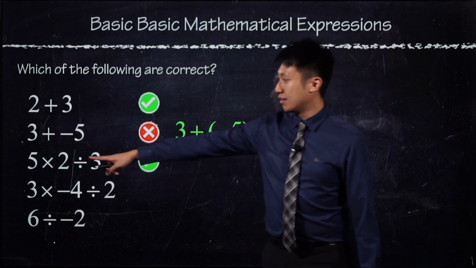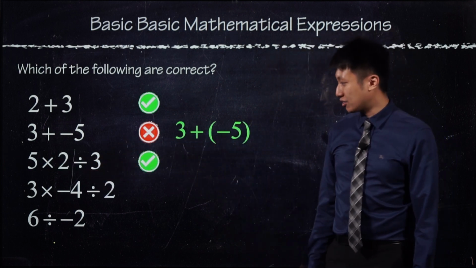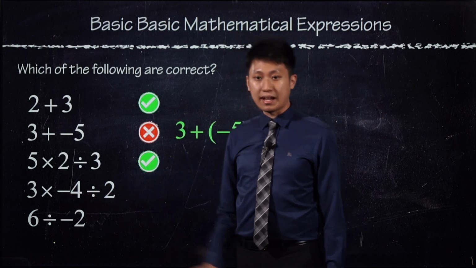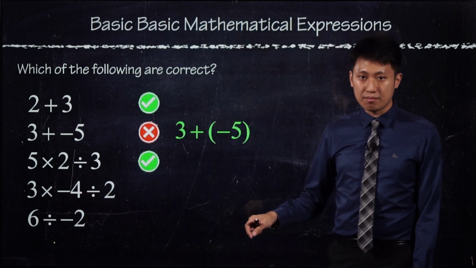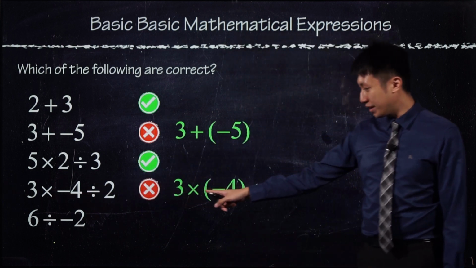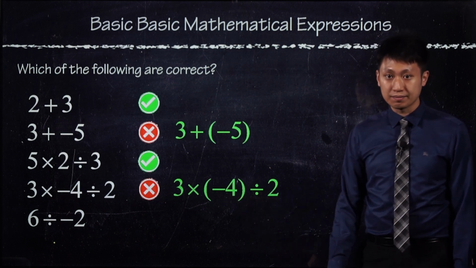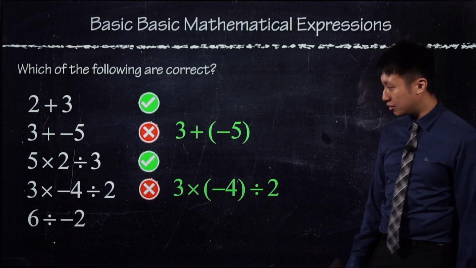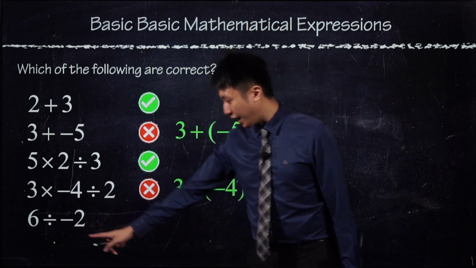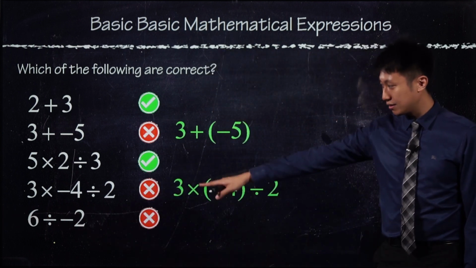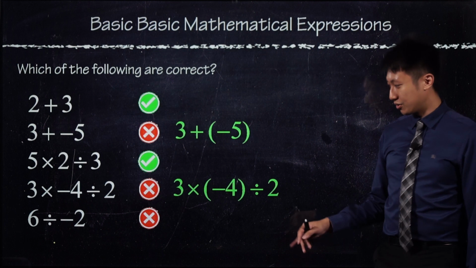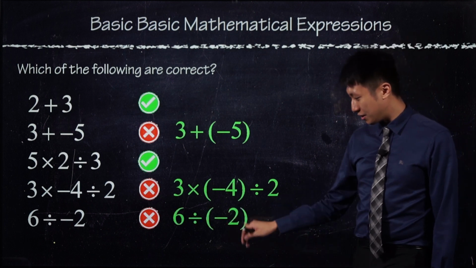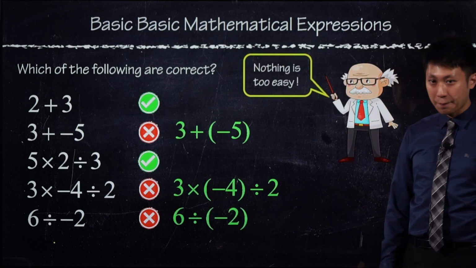This is fine. No negative sign, so you just write as normal. And here, if you multiply by a negative number, you have to put a bracket. And this is not acceptable as well, because you are dividing by a negative number. So this one is supposed to be the correct one.